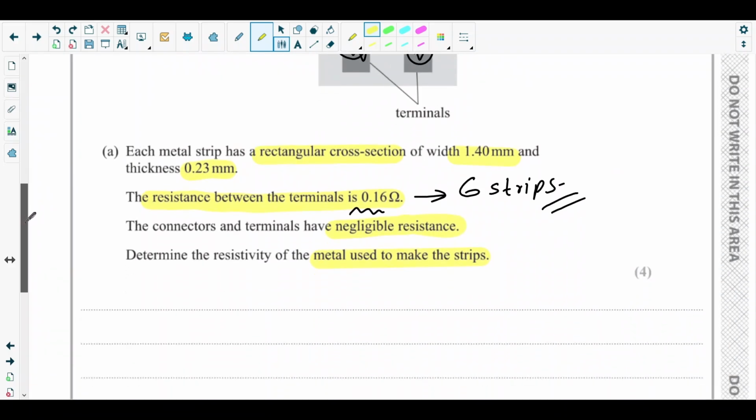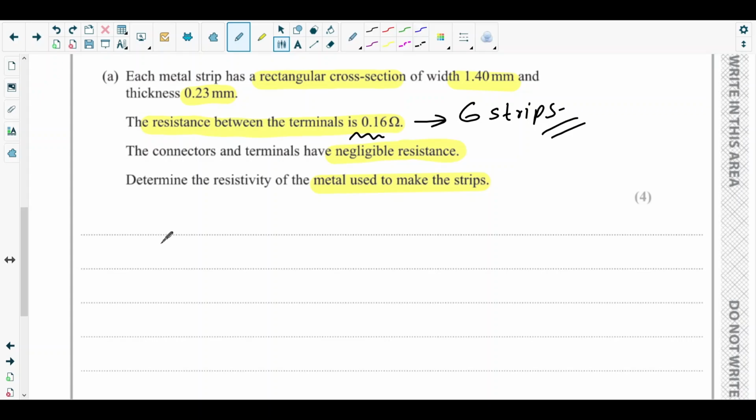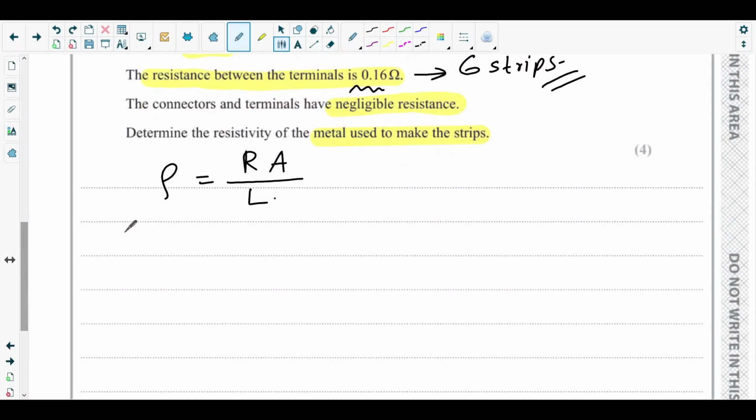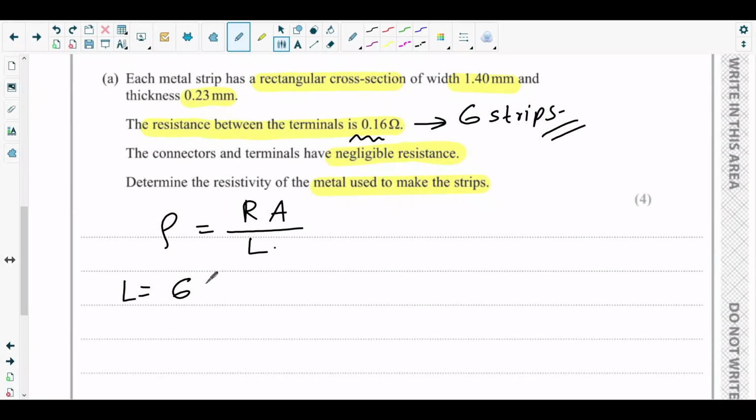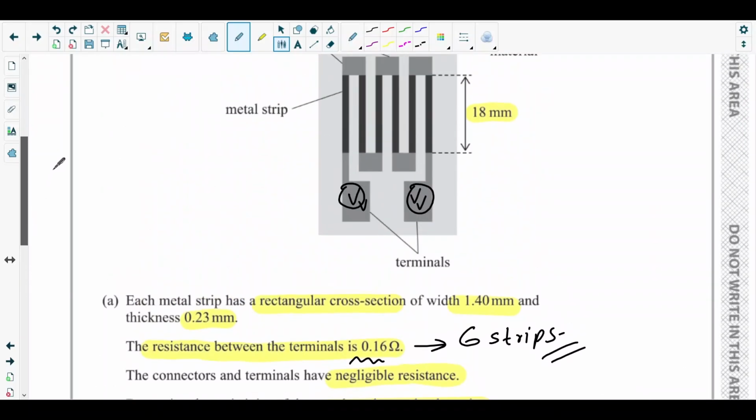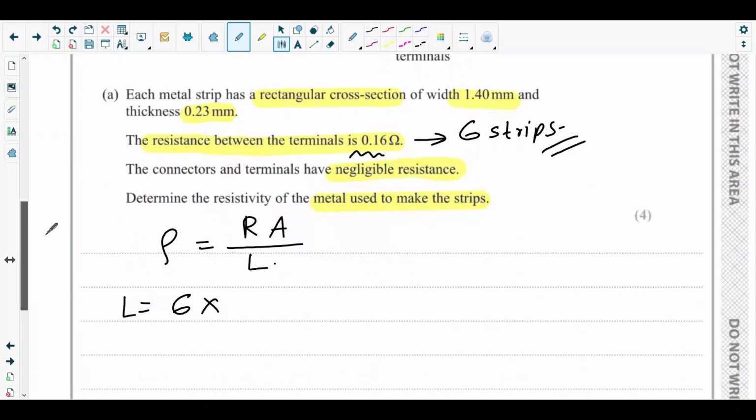The formula for resistivity is rho equals R, the resistance, times the area of cross section of the conductor over the length of the conductor. The length of the conductor is 6 times, since there are 6 metal strips, the length of each metal strip, which is 18 millimeter.